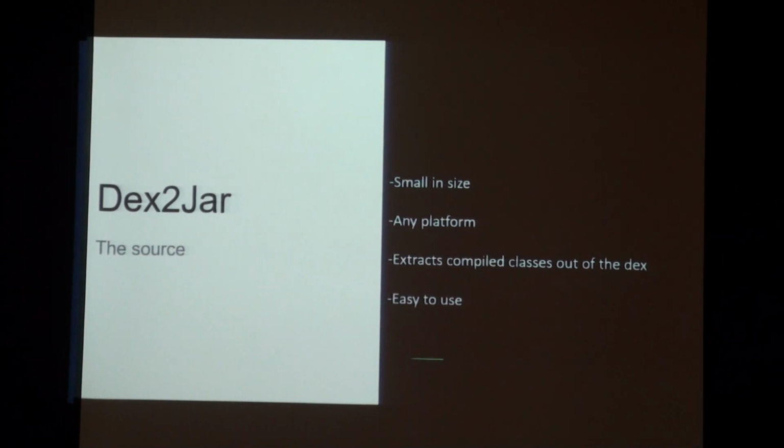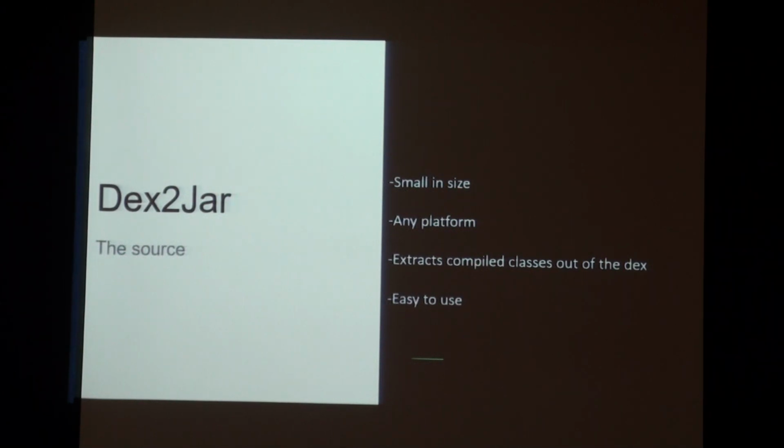Another tool which we need is Dex2Jar. We have talked about APK tool, which decompiles applications for modification purposes. Now, in case you need the source code from the application, you will have to decompile the classes.dex file into something that we can read.